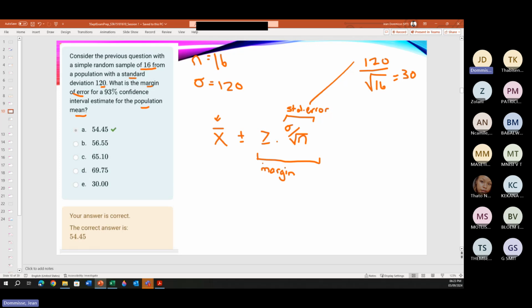Do you know the difference between standard error and the margin of error? So that's the first thing that I wanted to test here with you guys. So if you say 50, you probably would have gotten 0 or 1 out of 4, because that only references a component, but probably 0 because you did not include the multiply by a z or a t.